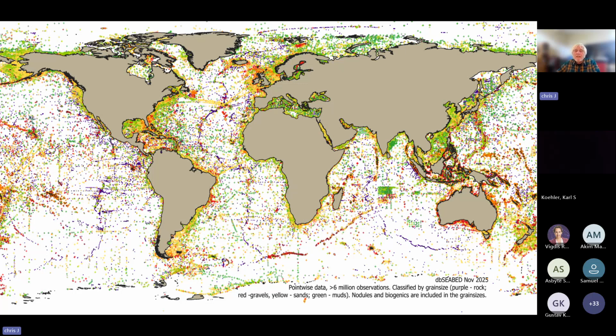So we have to use different observation platforms like video, divers, AUV, as well as the geological tools, and also electronic probes. One of the key themes in dbSEABED is to get the least biased view of the seabed in all the zones, from the inshore, which is actually where most of this data comes from, and then going right out to the deep sea.